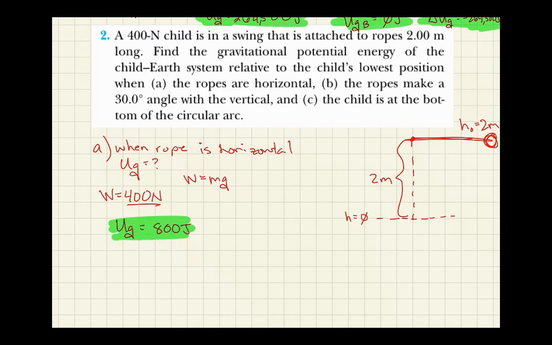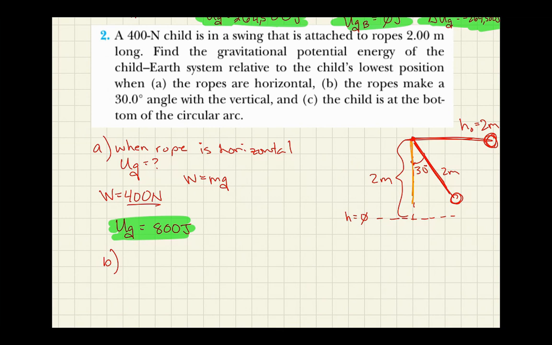For part B, the rope has a 30-degree angle from the vertical. So now I need to find what that height is. I have a 2 meter long rope. That's the hypotenuse of my triangle here. The vertical component of this triangle is 2 cosine 30, which is 1.73.